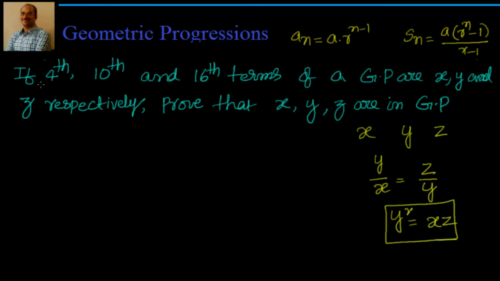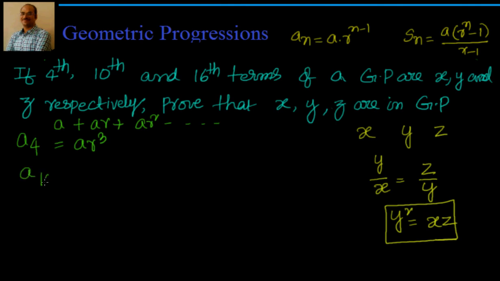Now let's go back and find out what x, y and z are. First, the fourth term. Let us say the first term is a, the second term is ar, and the third term is ar square, and so on. a4 is equal to ar cube, because a4 is a into r to the power of 4 minus 1.